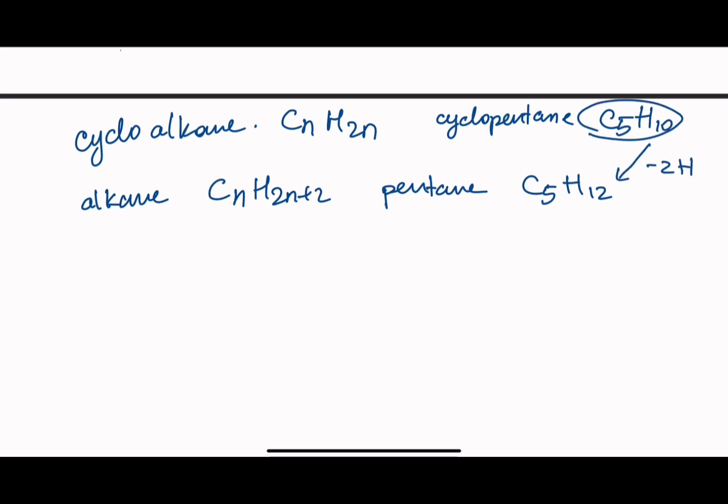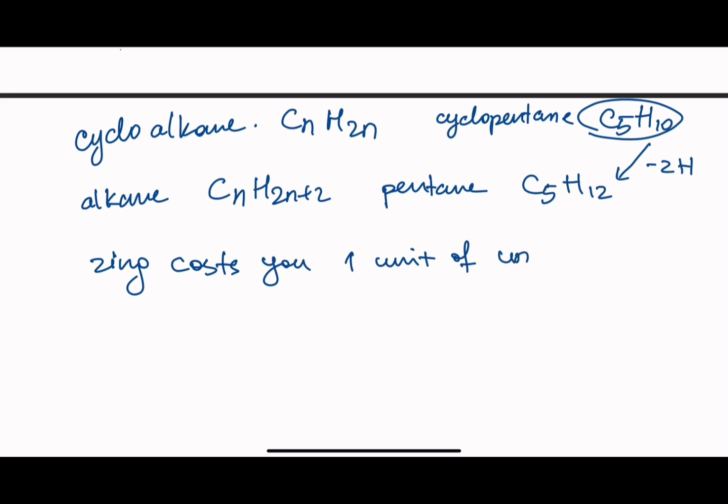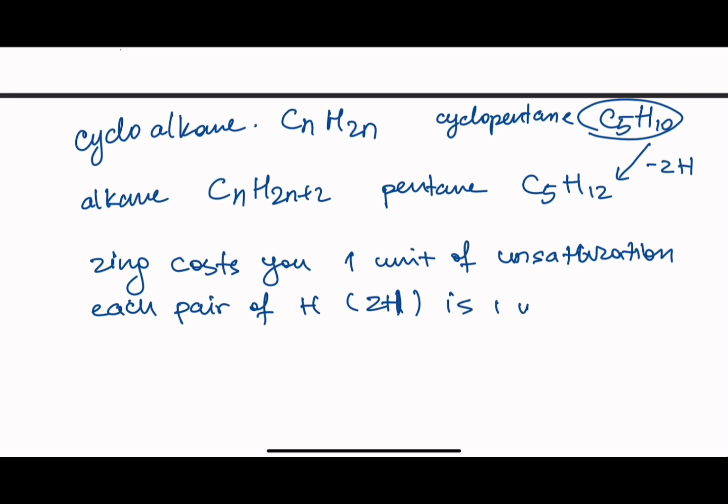And that's the reason I tell you that a ring costs you 1 unit of unsaturation. So each pair of hydrogen, meaning 2 hydrogen, is 1 unit of unsaturation.